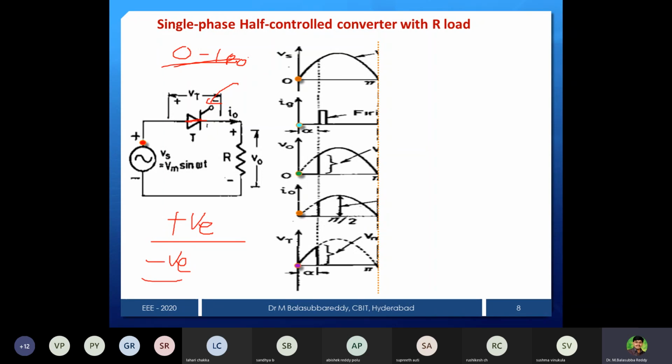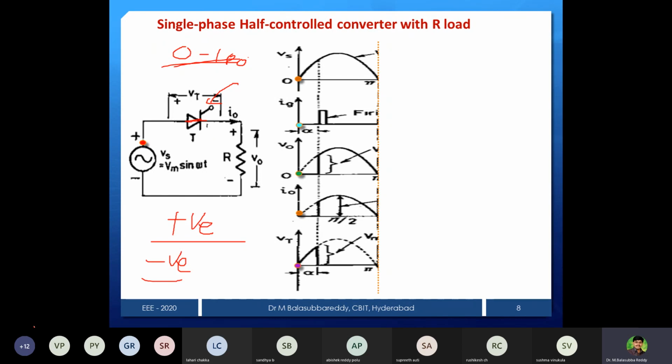So either at 0 itself we can give, or at 10 degrees, 20 degrees and so on. The difference is, if you give the gate signal initially, you will get more output. If you delay, that is the firing angle or delay angle, during that instant you don't get any output because we are waiting for the signal to turn on. So until then the device will be in the off state.